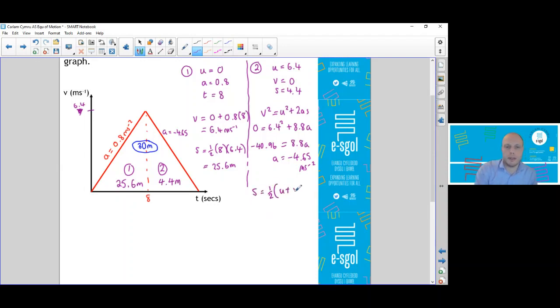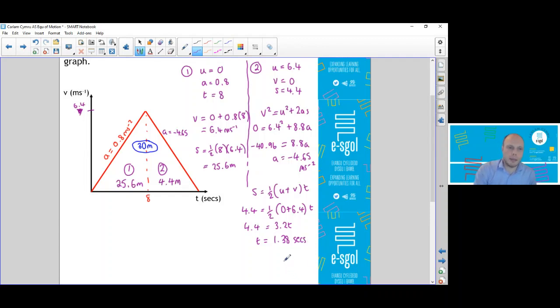So that gives us 4.4 is a half of 0 plus 6.4, all times the time, which is what we're trying to work out. Okay, 0 plus 6.4 is 6.4. Half of 6.4 is 3.2. So that gives us 3.2t. And if we divide through by 3.2, we get a time of 1.38. And that's been rounded to 3 significant figures.